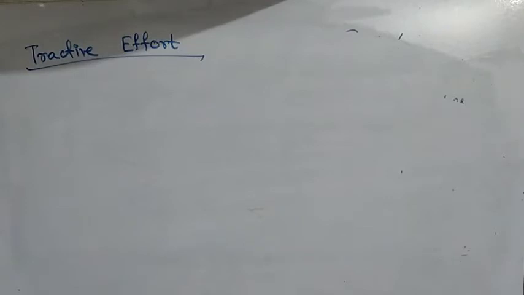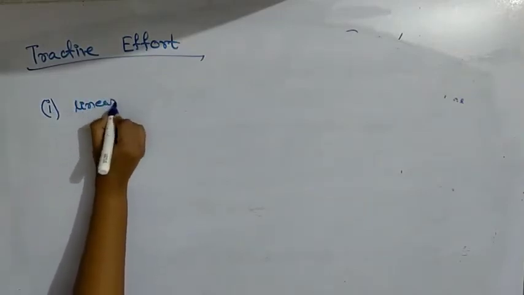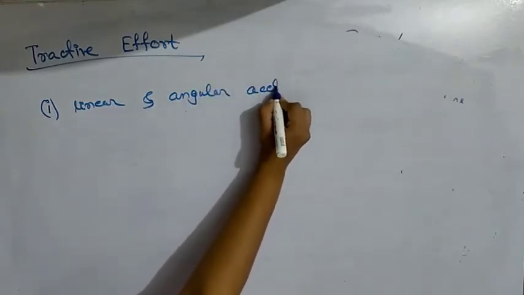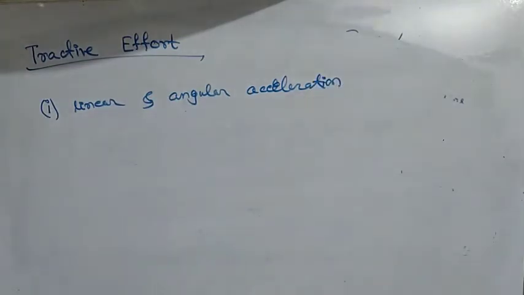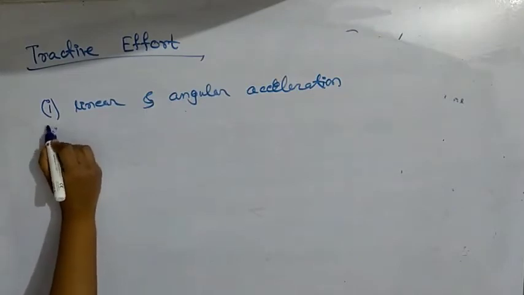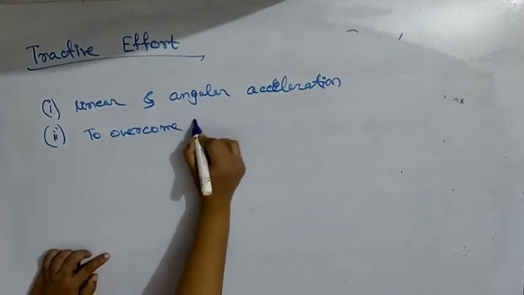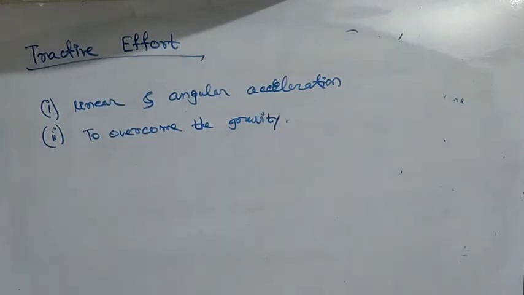And tractive effort exerted by the traction unit has to perform some functions. First, to give a necessary linear and angular acceleration to the train mass. Second, to overcome the gravity component of the weight of the train.